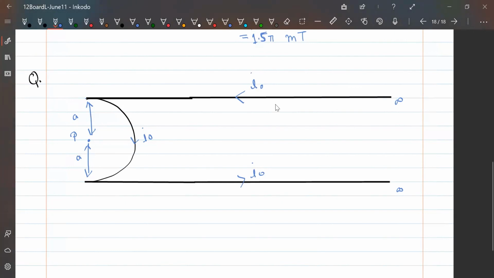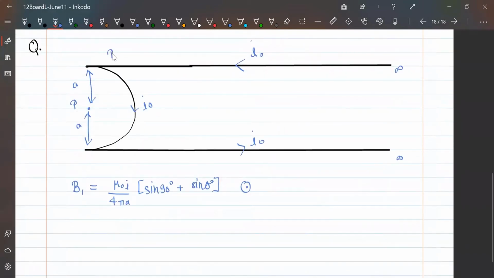See, for this semi-infinite wire, I'll calculate the magnetic field by this formula. Let me call this as B1. So it will be mu naught I by 4 pi A into sine 90 plus sine 0. Sine 90 plus sine 0, that will be 1. And if you calculate the magnetic field, it will come out of the plane.